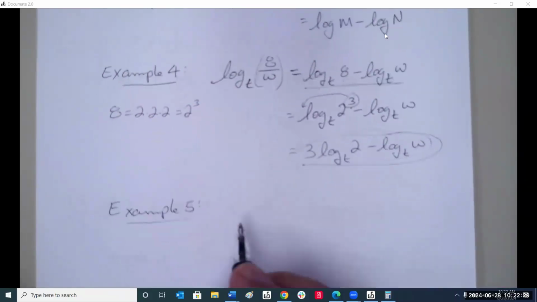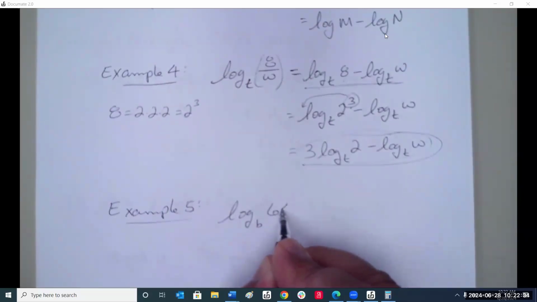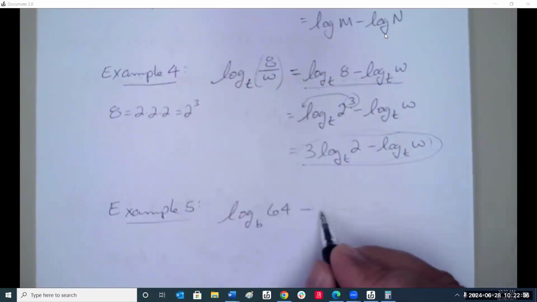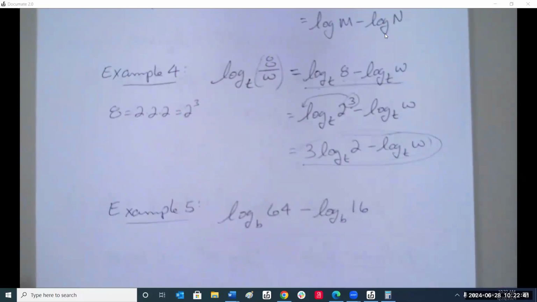Example 5. Let's go backwards. Log base b of 64 minus log base b of 16.